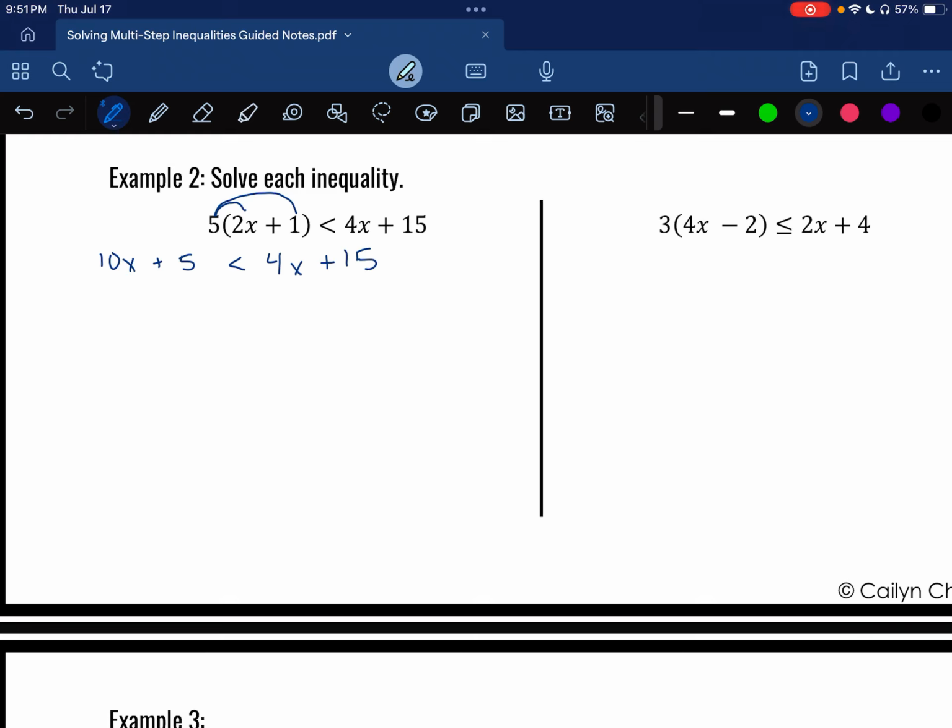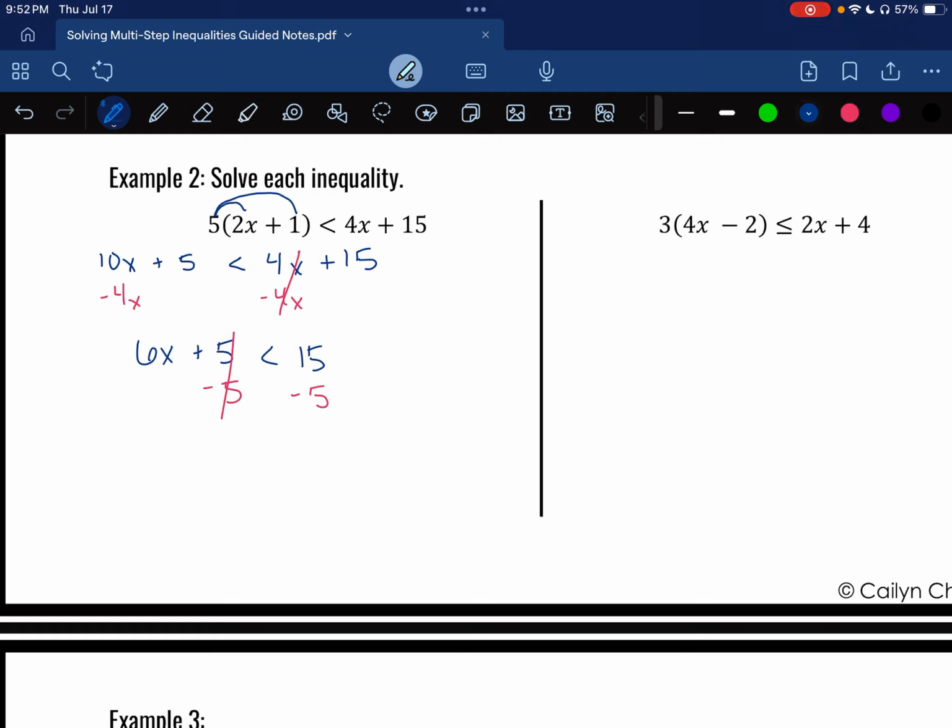All right, now we've got variables on both sides. So I'm going to start by removing 4x so that we'll end up with the variables on one side. So I had 10 x's, you took 4 from me, now I have 6x plus 5 is less than 15. Subtract 5 from both sides.